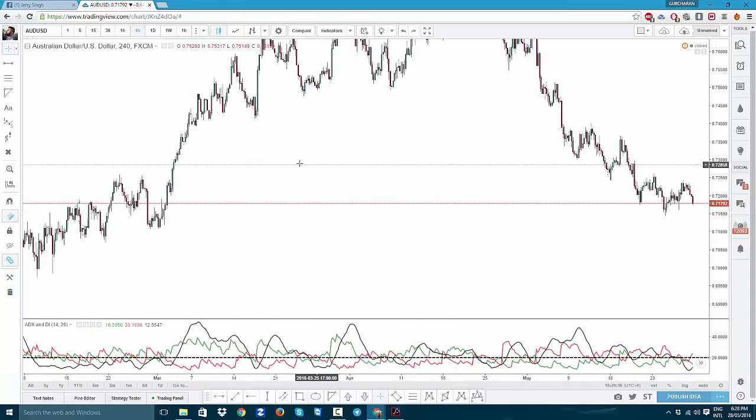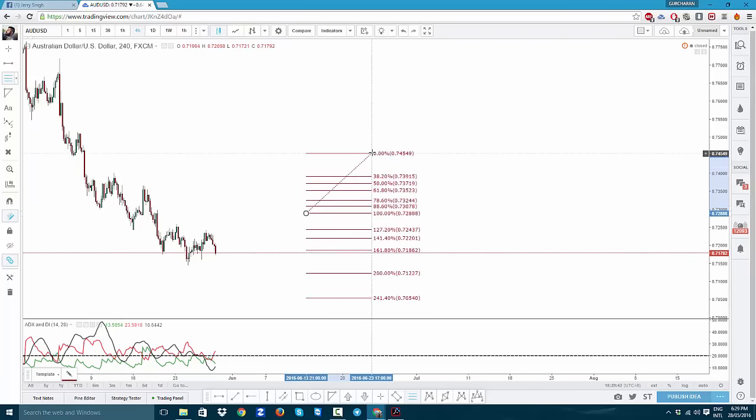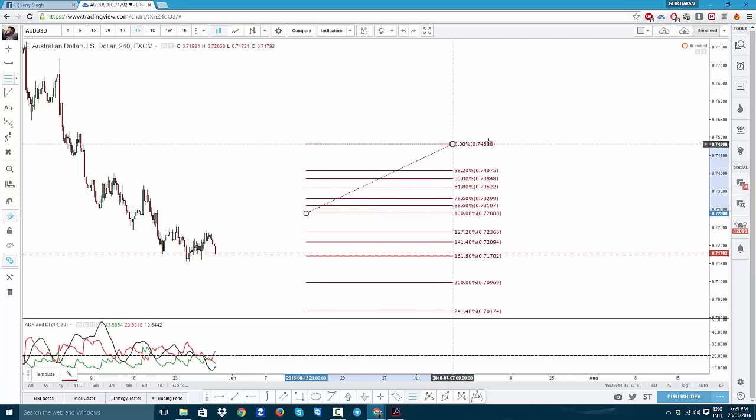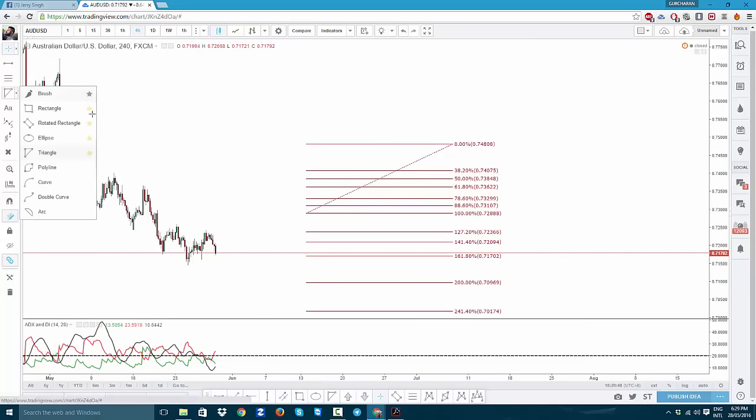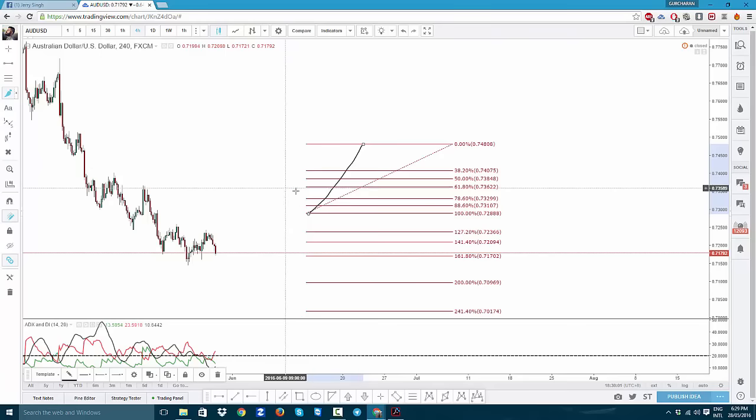Let me give you another example. One more thing I want to explain is what those numbers are, some of which are on the plus side, some on the minus side. For example, if this was my move, bottom to high, this one was my leg. Now you see this leg is an uptrend, and I want to measure its retracement.